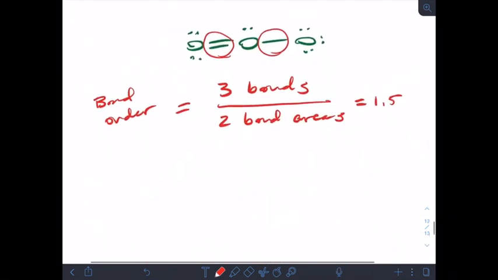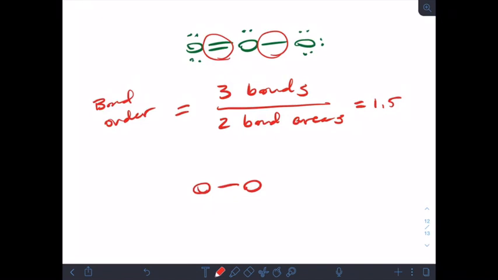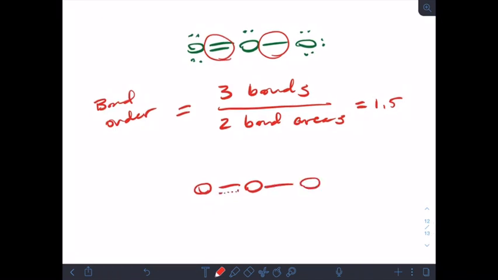So thinking about resonance, and I told you never to draw this version, each of these is 1.5 bonds. That comes from the bond order. Like I said, you do not have to, I think anywhere in the mastering, deal with bond order, but you could if you wanted to.